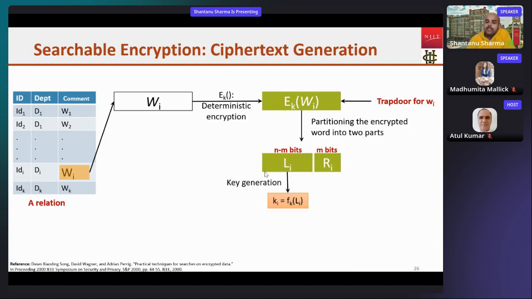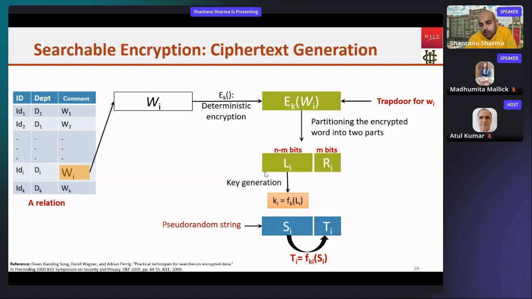Next thing is we generate some keys. We apply a function, and the function is identical for the entire table. This is a pseudo random function, and we take the input as Li, execute the function, and it produces some value ki. Next step is we take a pseudo random string.